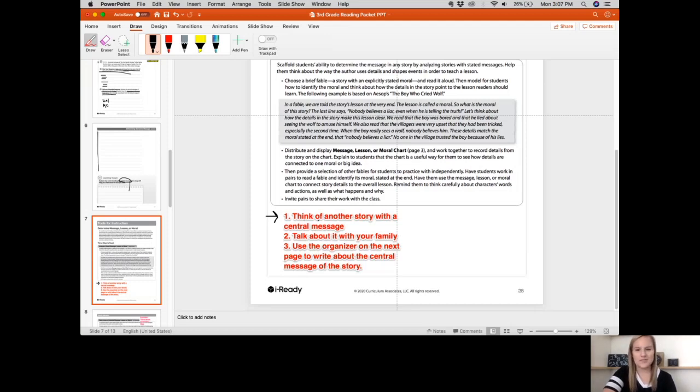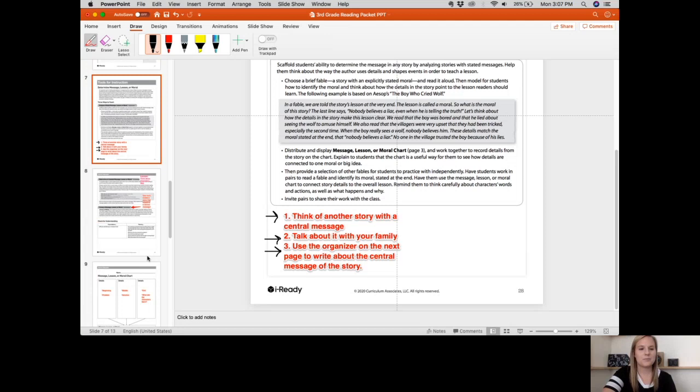So it can be any folktale, any story that has a central message, or it could be a story that you've read recently. You're going to talk to your family about this story and about what the characters learned. There has to be a central message in this story. Then the next page has an organizer for you to write about it.